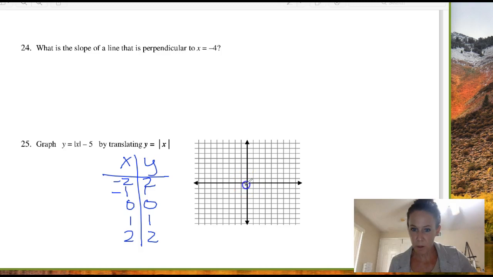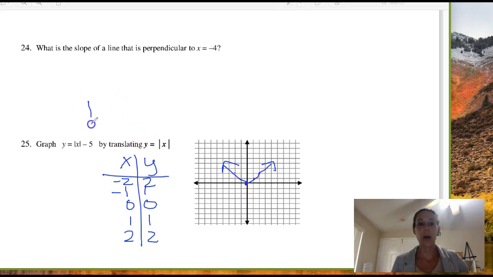So remember, you start at 0, 0, and you go 1, 1, and then 2, 2, and then here I have -1, 1, -2, 2. So my absolute value graph looks like a V. Sorry, it's so bumpy, but it's hard to draw with this. It's a V shape with my vertex at 0, 0.